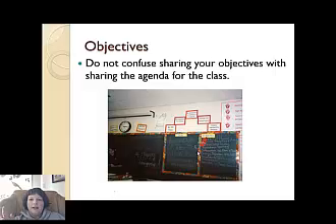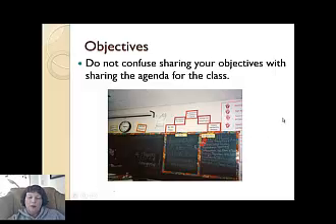Or you could say now what. So you could say, the what is the objectives, the how is your plan for how we're going to do that today, and then the now what could be homework or what we're going to do tomorrow. So there are different ways that you can deal with that in your own class. So just do what suits you and what you believe would be most effective.